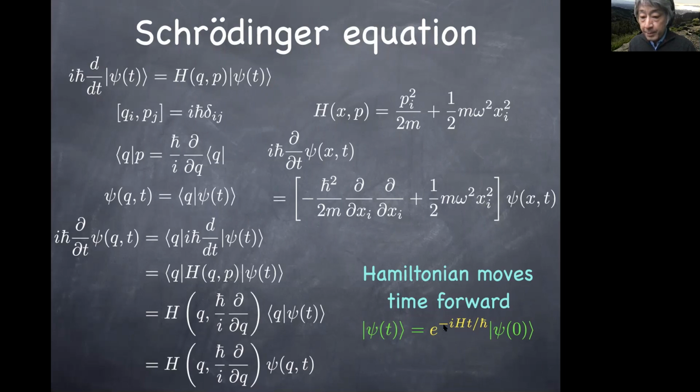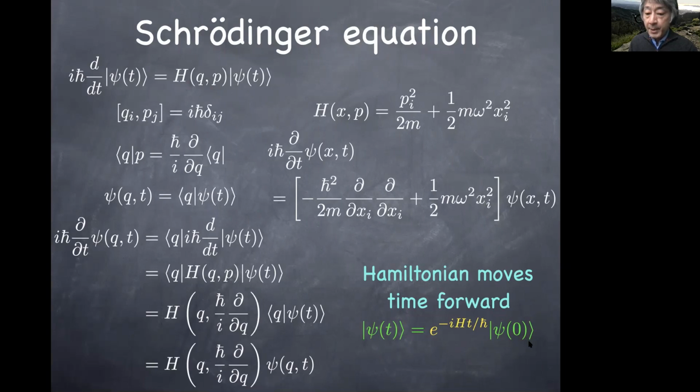So you pull out minus iH over h bar. And having i h bar here cancels the minus i and the 1 over h bar. So that leaves only H up front. And H acting on this whole thing, using this equation, is psi of t itself. So that recovers this equation, the H operator acting on ket psi of t.